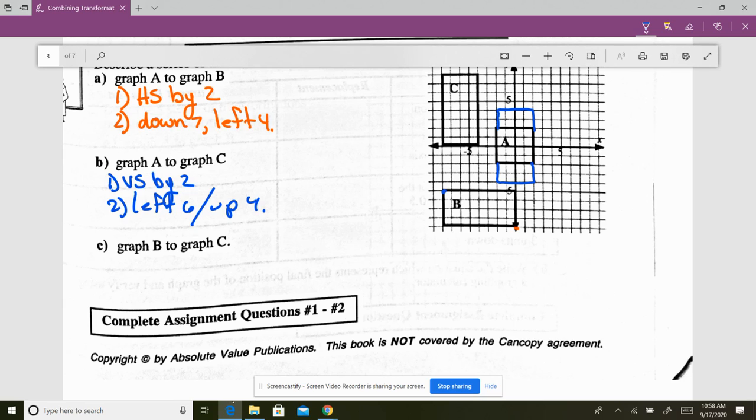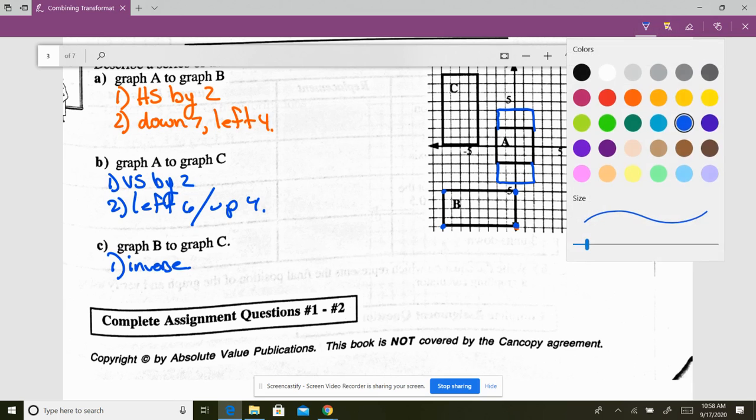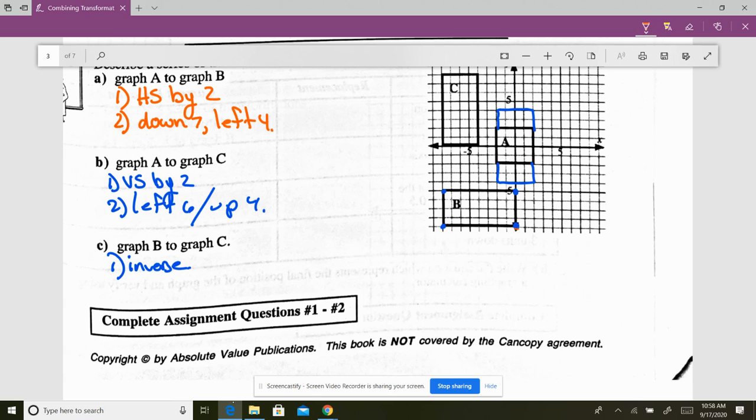I can just draw these points. When you do an inverse, everything switches, right? So (0, -5) is going to go to (-5, 0). And (0, -9) is going to go to (-9, 0).